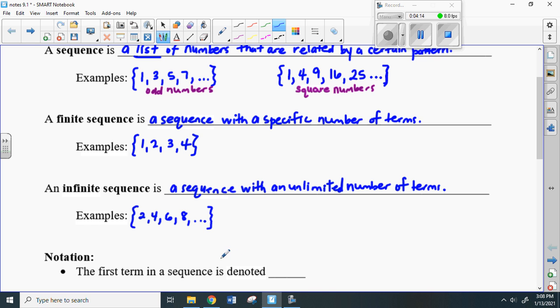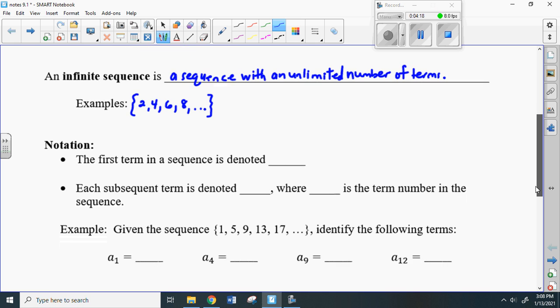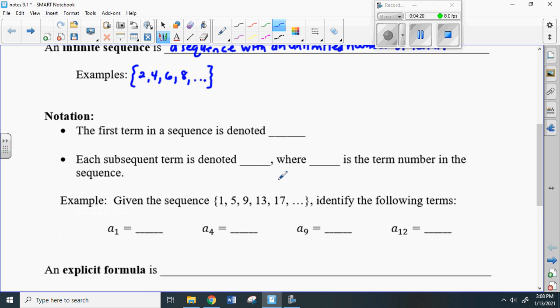All right, well, let's talk about some notation that you need to be able to recognize. When I'm talking about the first term in a sequence, I'm going to use this notation, A with a little subscript of 1, right? And you actually read it, A sub 1. That's how you read it, right?